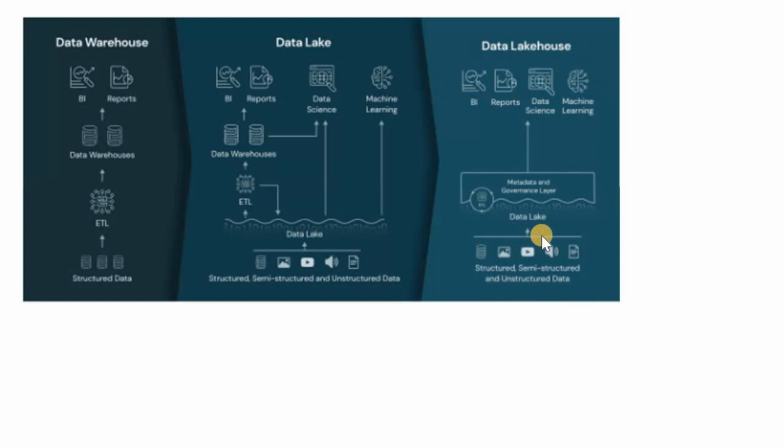Now you have the same structured, semi-structured, and unstructured data, and you have the data lake. On top of the data lake, once you introduce the metadata and governance, it becomes a data lakehouse.